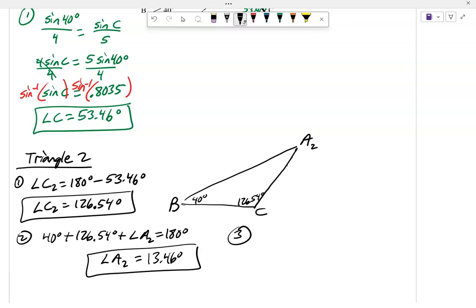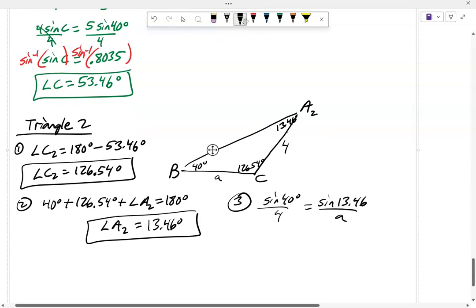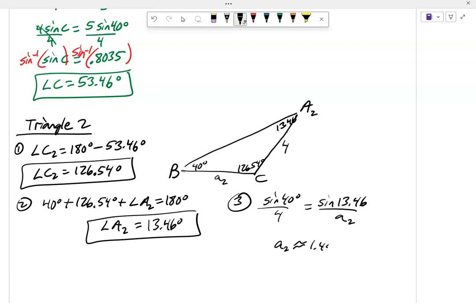And then I can finish out this triangle. So sine of 40 degrees over 4 equals the sine of 13.46 over A. And so your A, or I could call it A2 if you want, side length A2, that ends up being 1.45. Okay, so we solve for triangle 2.